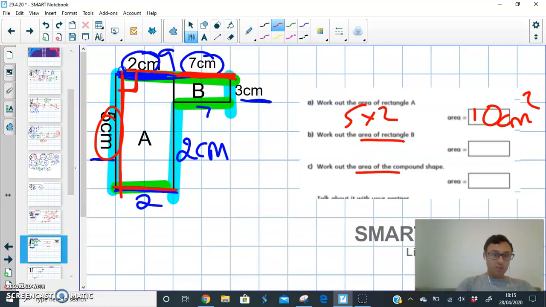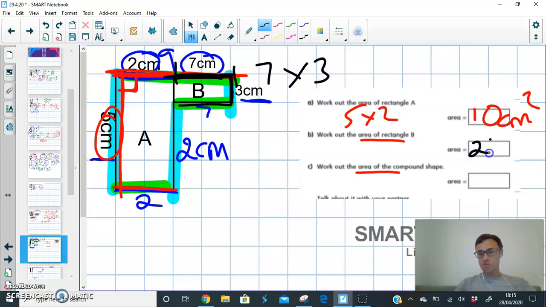It's not 9 because 9 is that whole red line. I'm only going to do the part I need, which is just this part, which is then 7. So I'm going to do 7 times by, how many do I go down? I go down 3 for this rectangle. So 7 times 3, which is 21 centimetres squared. Well, then that gives me a total area. If this part here is 10, that's 21. That gives me 31 centimetres squared.